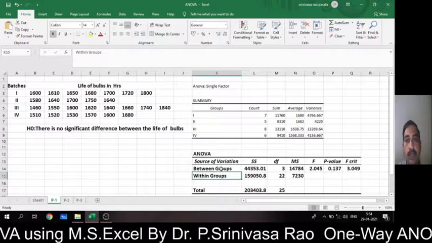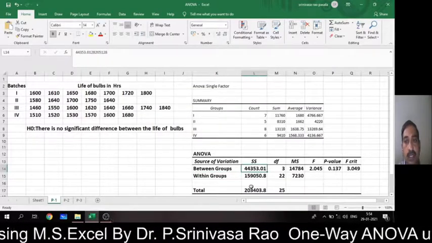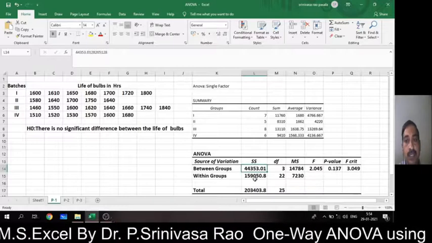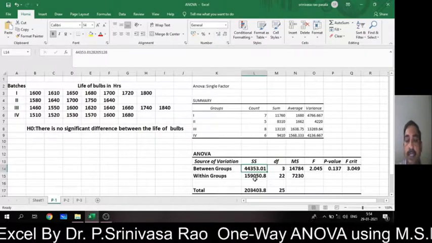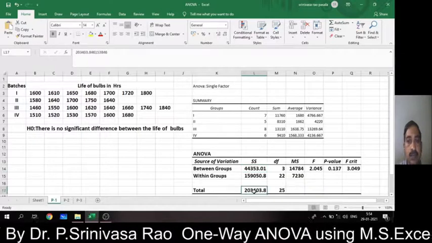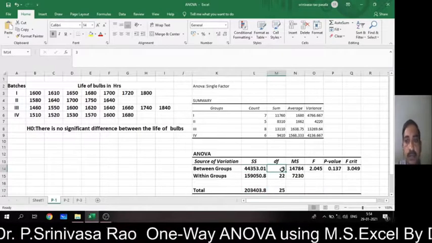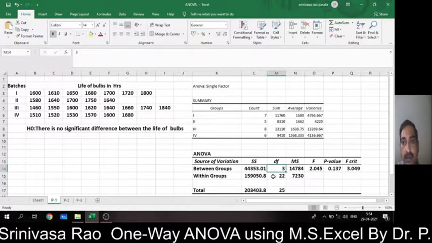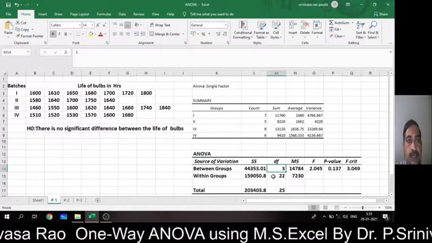So the between treatment sum of squares is this value, 44,353, and the error sum of squares value is 1,59,050.8. This is the total sum of squares value. Degrees of freedom: for between sum of squares, how many treatments or batches are there? 4 batches.